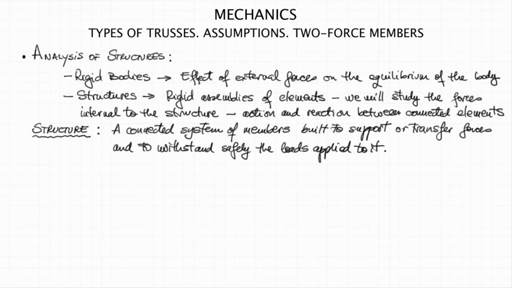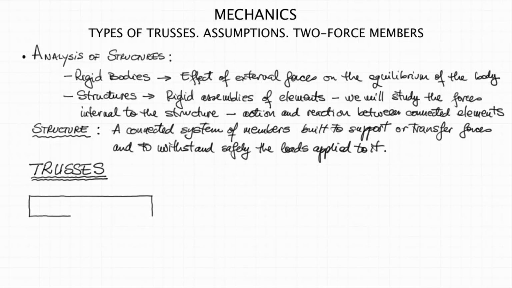As part of the analysis of structures, the first group of structures that we will deal with are called trusses. And I'm going to now draw a few examples of trusses, and you will see that you can probably already recognize some of these, as you've seen them somewhere in the surrounding environment.